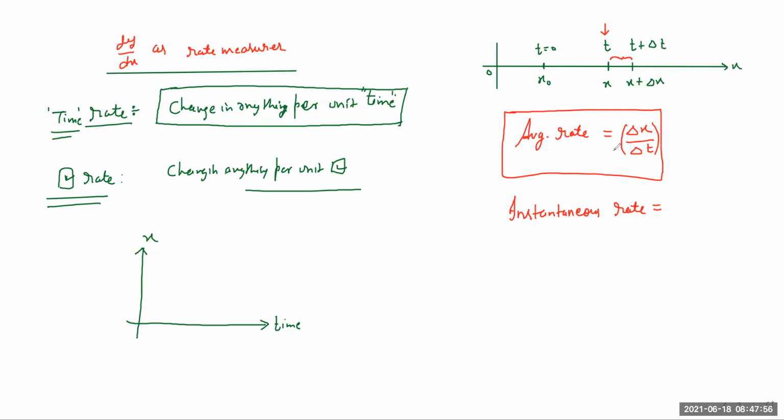What is his rate at just t, not from t to t plus delta t? Just at t. This question is slightly difficult to answer. How will I know how fast you're moving at t? You have to imagine what you will do to get the rate at that time.